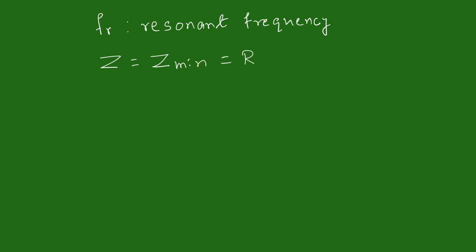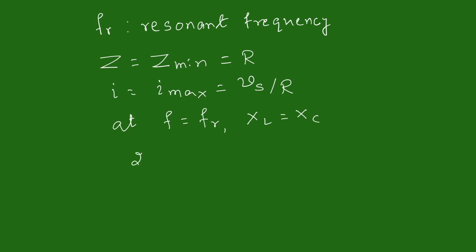It is also a frequency at which current in the circuit will be equal to maximum value, and that will be equal to the applied voltage divided by resistance in the circuit. We can derive the equation for the resonant frequency knowing the fact that at this frequency XL is equal to XC.